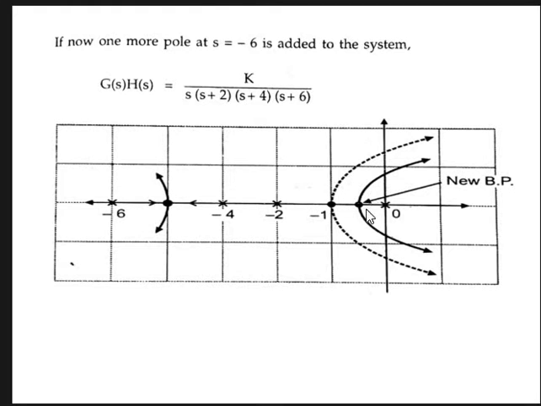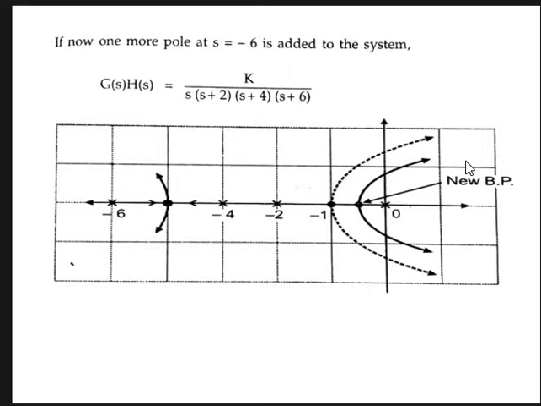Here the root locus touches the imaginary axis at a value less than in the previous case, so the system's stability is reduced when compared between case 2 and case 3. Why? Because the root locus is shifting towards the right half of the s-plane.